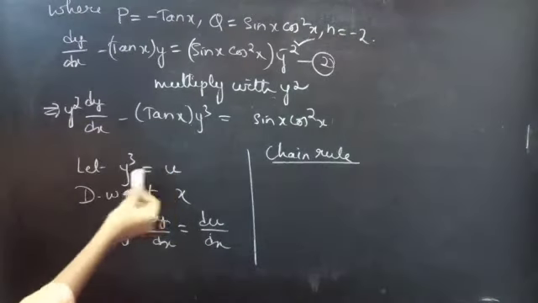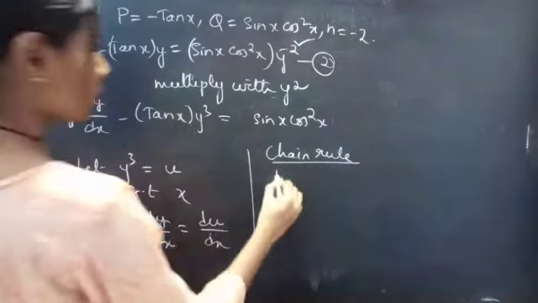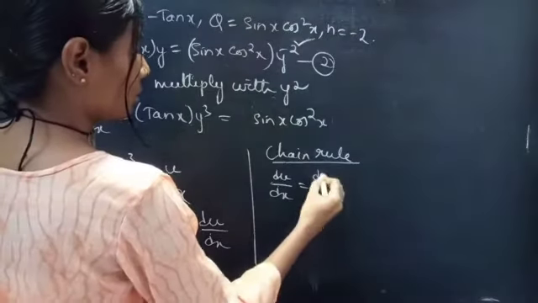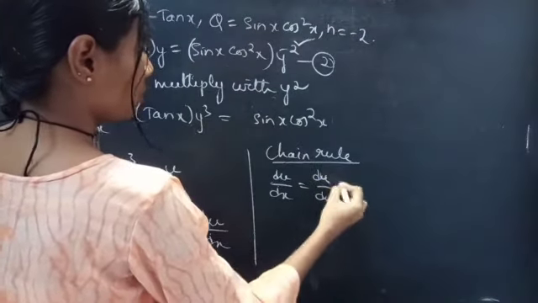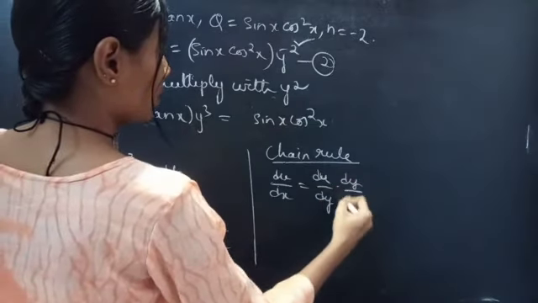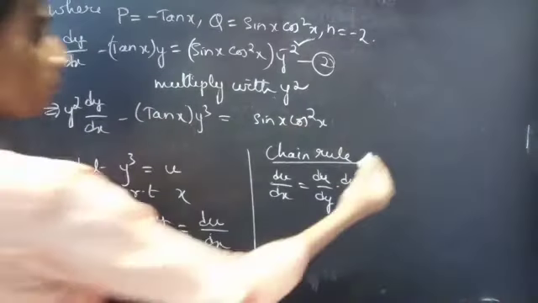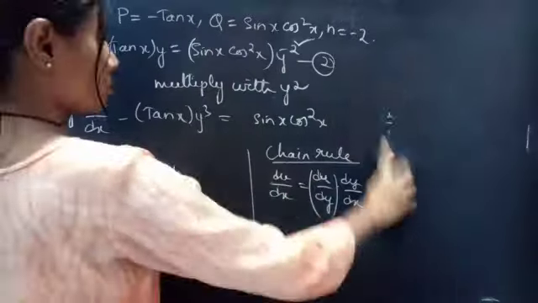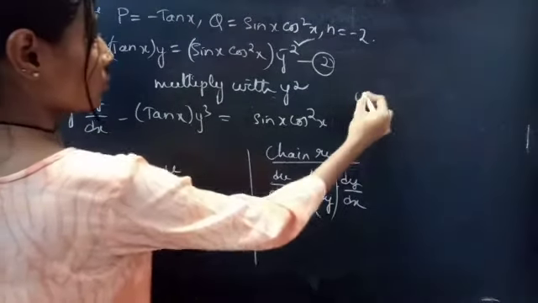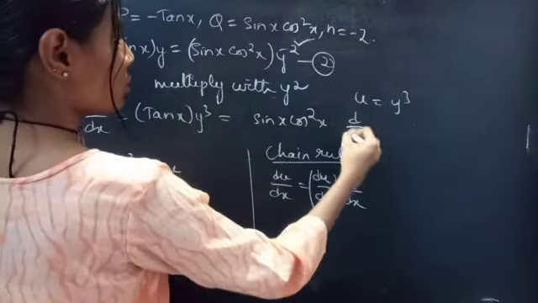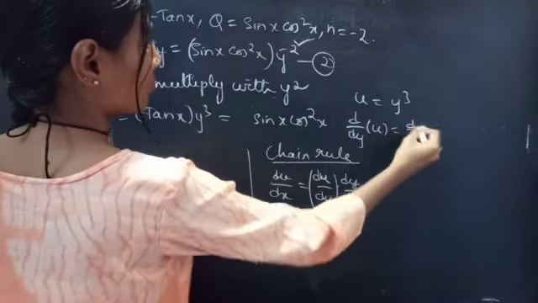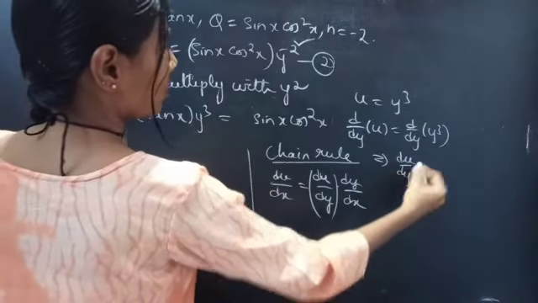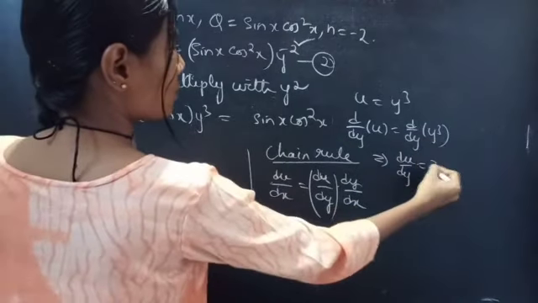We know that du by dx equals du by dy into dy by dx, since u is a function of y. Since u equals y cube, differentiating on both sides with respect to y, we get du by dy equals 3y square.